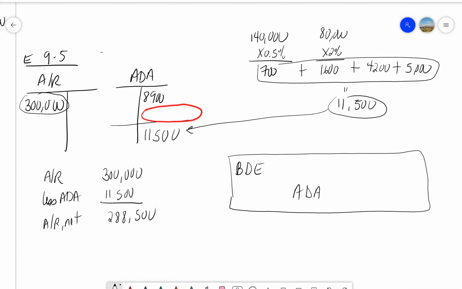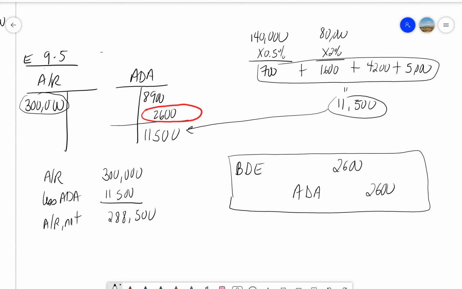Currently, our ADA has a credit balance of $8,900. We want to end up with $11,500, so the adjustment we need is the difference between those two numbers, which is $2,600. So our bad debts expense, debit $2,600, our allowance for doubtful accounts, credit $2,600.